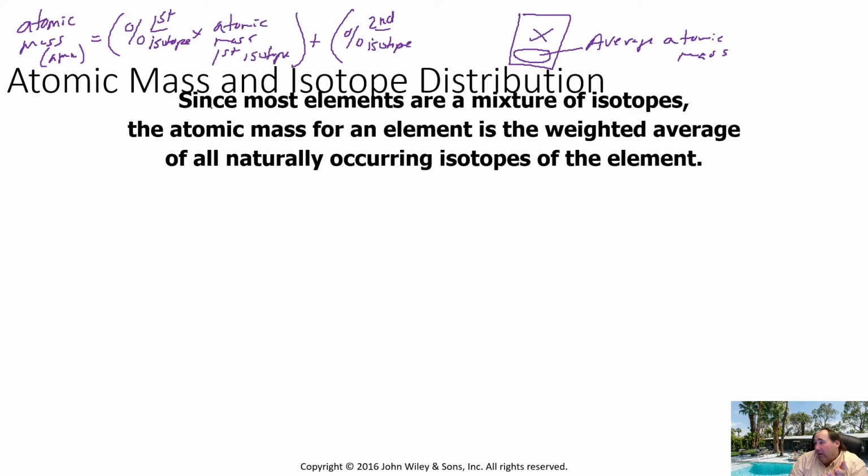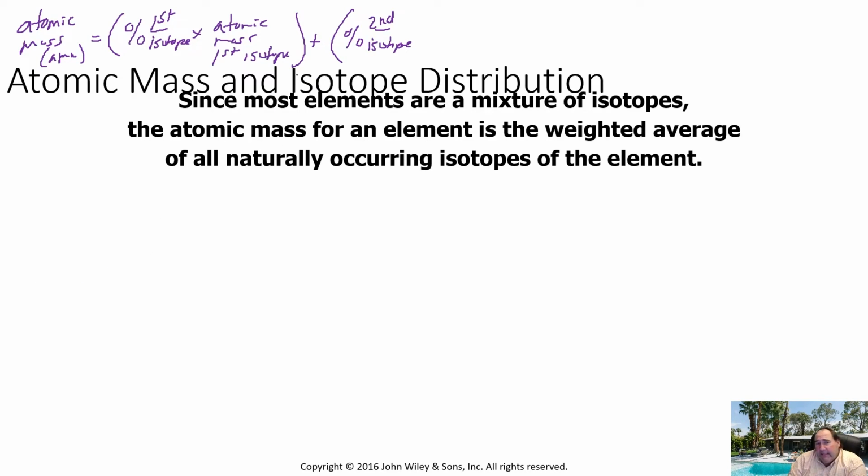Like, for example, you may have one isotope of an element that occurs 70% of the time. You may have another isotope of that element that occurs 30% of the time, which adds up to 100%, right? So they don't occur at the same rate or percentage. Let me just erase this here so I have a little more room.